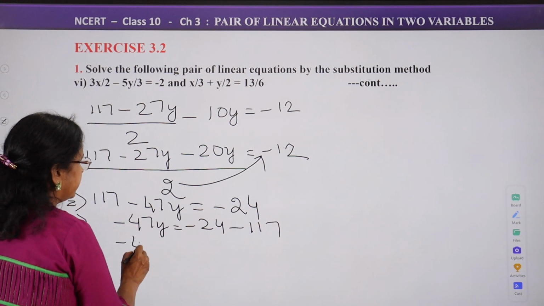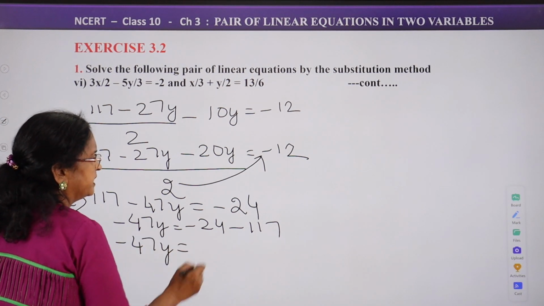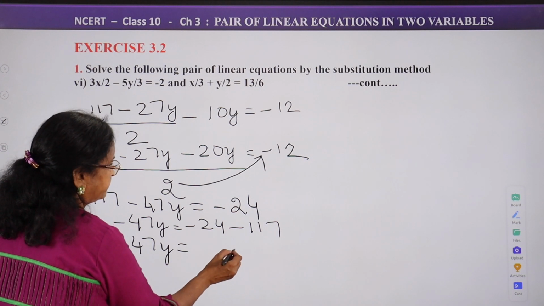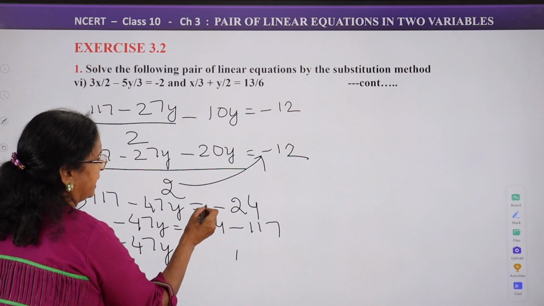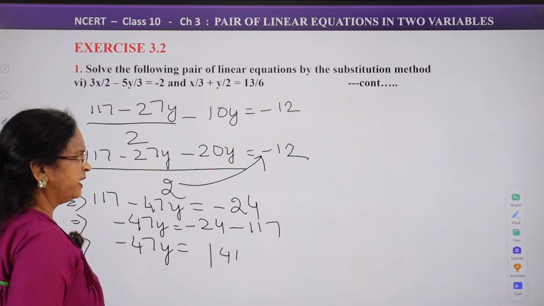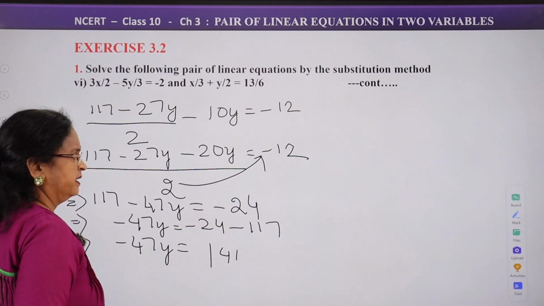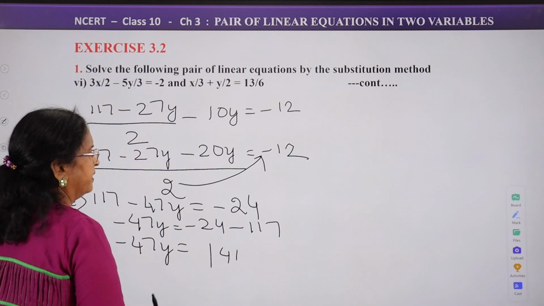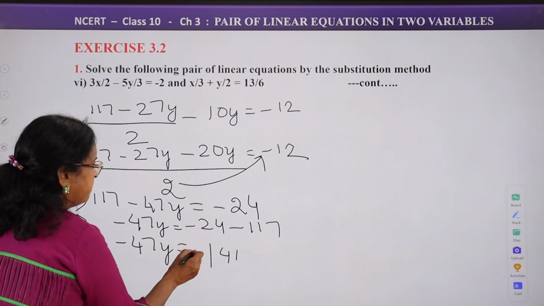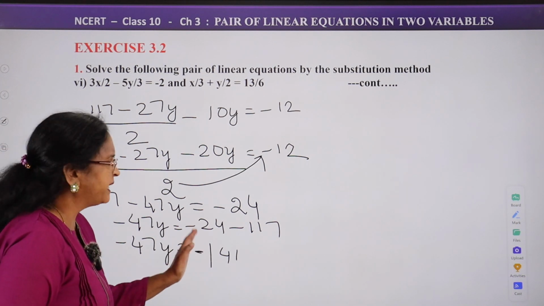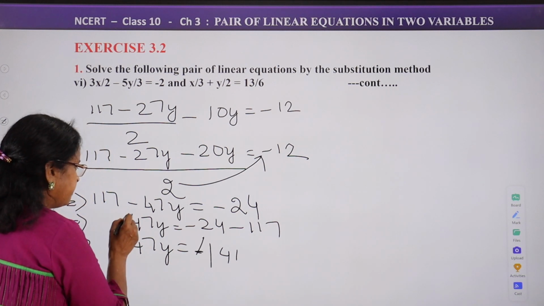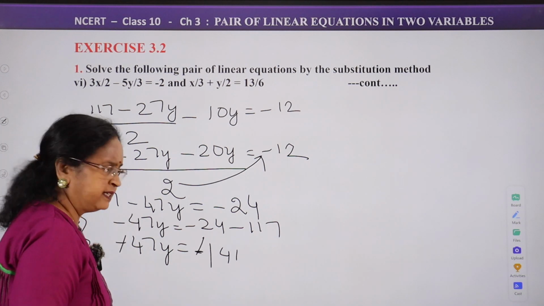That means we need to add, isn't it? So, 7 plus 4, 11, 2, 3, 4, 1. 141. Alright? Okay. Implies minus 141 because minus and minus is sign minus, number plus. Minus, minus, cancel.